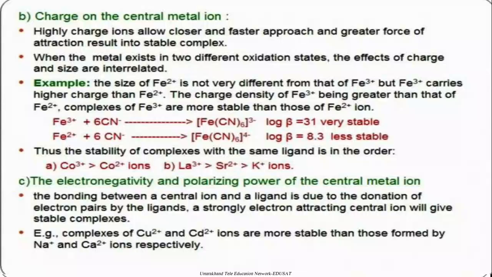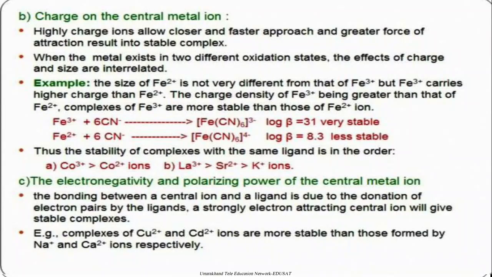Therefore, the complexes of Fe3+ are more stable than those of Fe2+ ions. As seen here, Fe3+ with cyanide ions forms Fe(CN)6 with 3 negative charge, where log beta, that is the stability constant, is about 31, which indicates this complex is very stable.